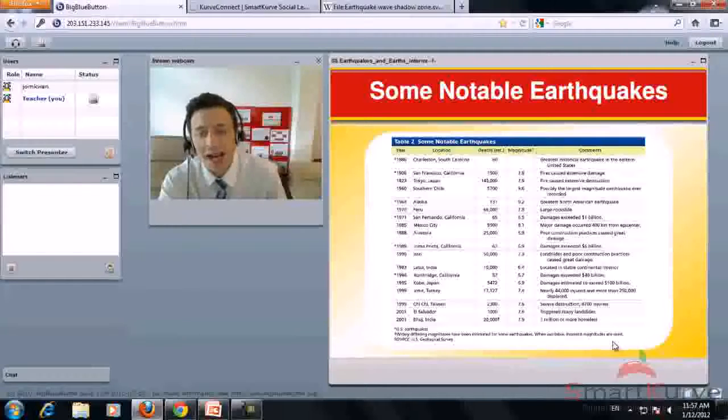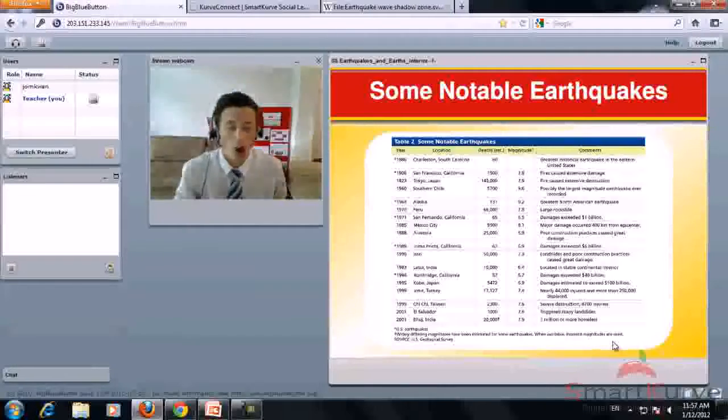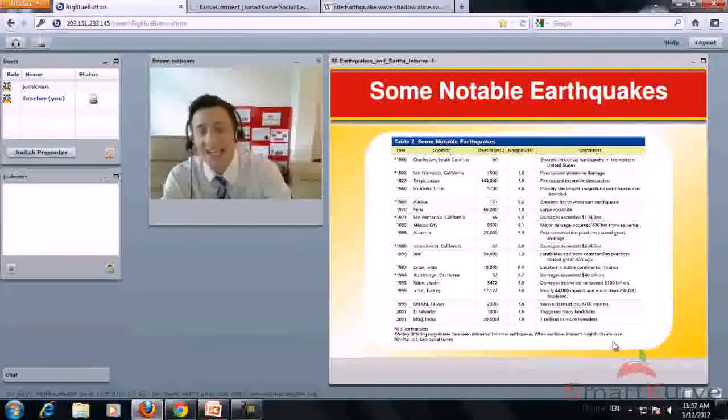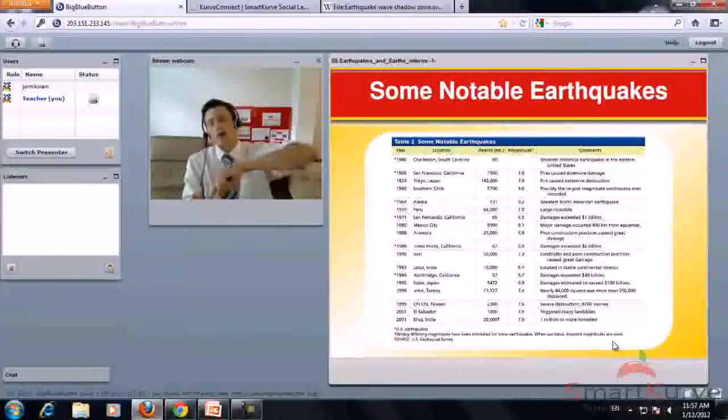Also notice how many of them are in Japan. 1923, the 1995 Kobe earthquake, and then of course the earthquake last year that hit the country. Also notice Chichi, Taiwan, very close to Japan.